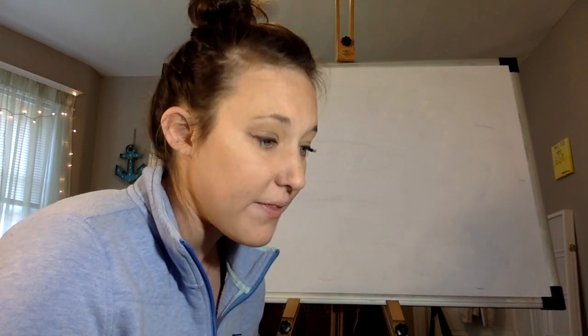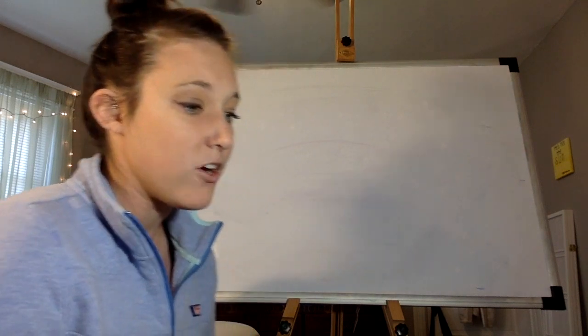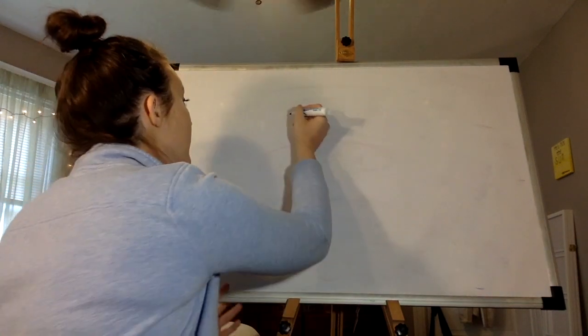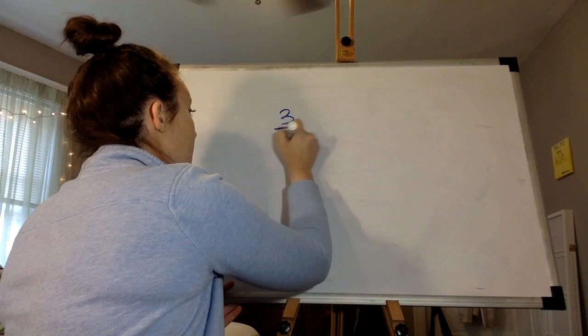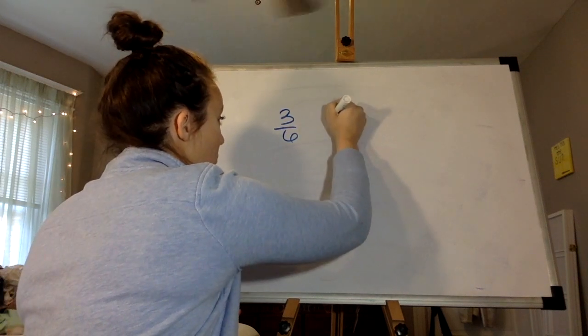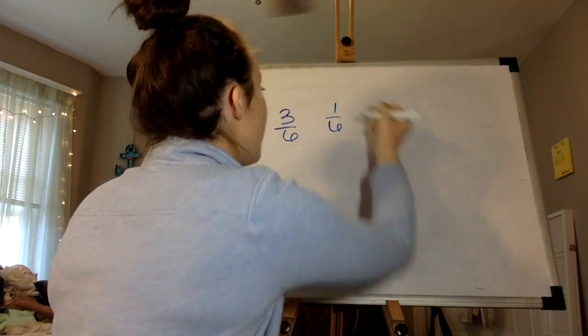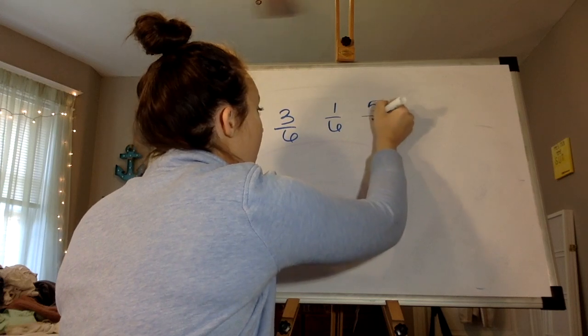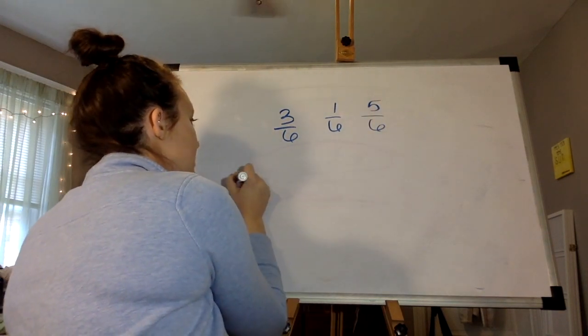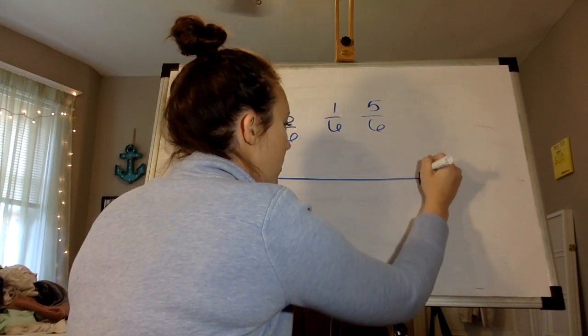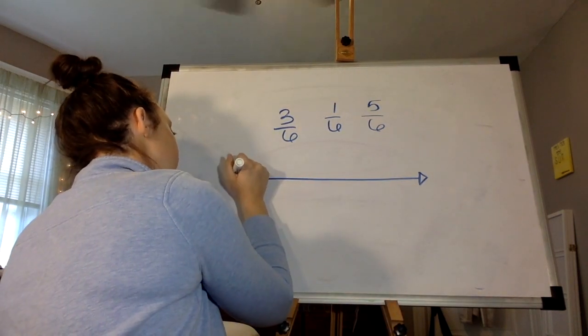So on 525, it says plot the fractions on the number line and then order them. So we've got 3/6, 1/6, and 5/6. Since they all have the same denominator, we can put them all on one number line.